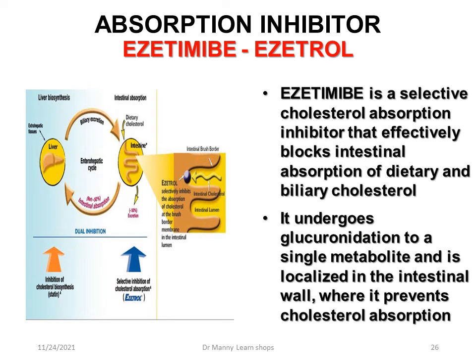The last group are absorption inhibitors, and the most common one is Ezetrol or ezetimibe, and this is a selective cholesterol absorption inhibitor that effectively blocks absorption in the intestine of dietary and biliary cholesterol, and it undergoes a change to a single metabolite which is localized in the intestinal wall where it prevents cholesterol absorption.